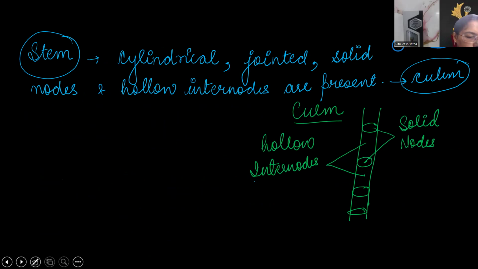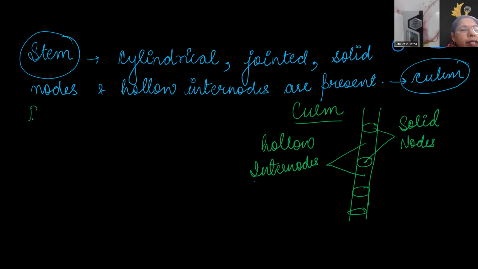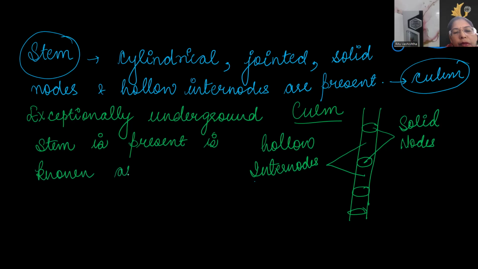In certain plants, however, exceptionally, you will find an underground stem is present, and such an underground stem is known as a rhizome, which is a little bulbous and in which food is stored.